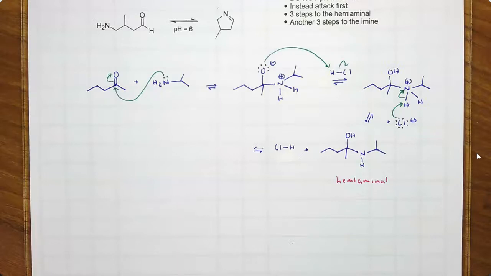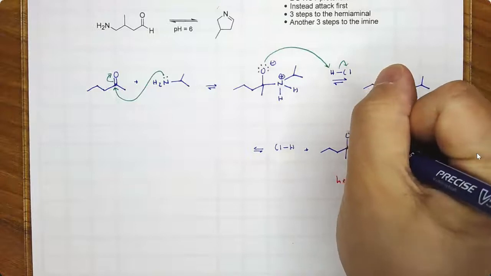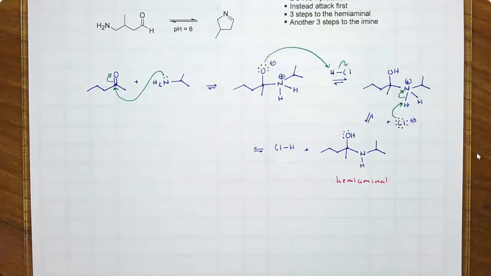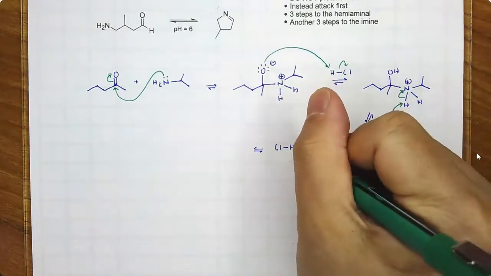We have 3 more steps to the final product. Just like with the acetal formation, you want to get rid of this OH, but it's not a good leaving group. We're going to protonate it to make it a good leaving group.